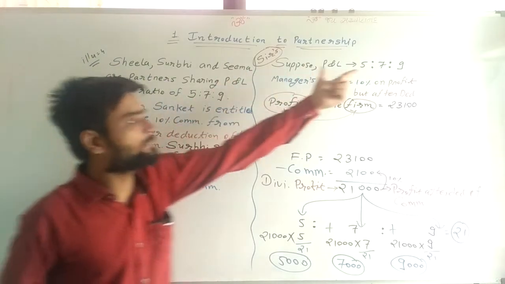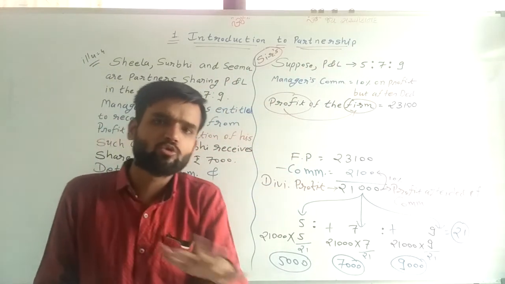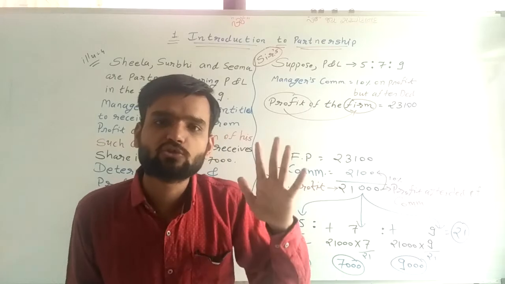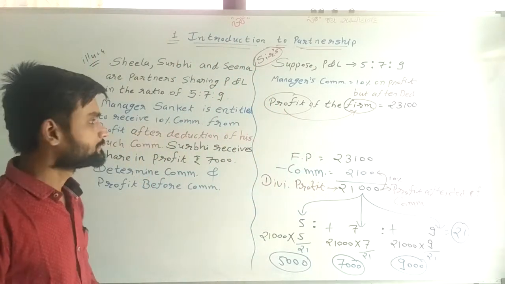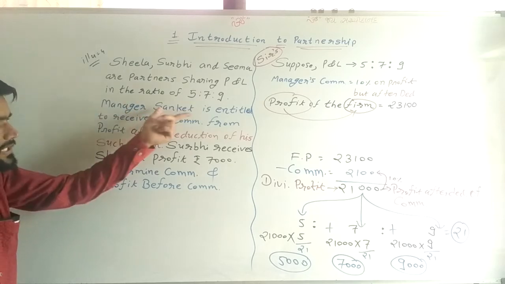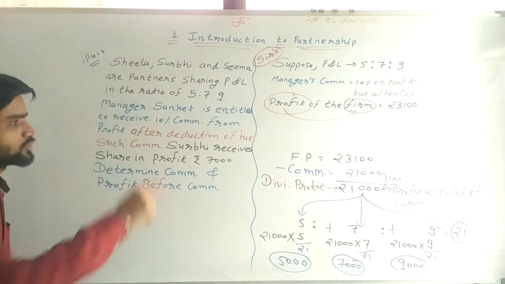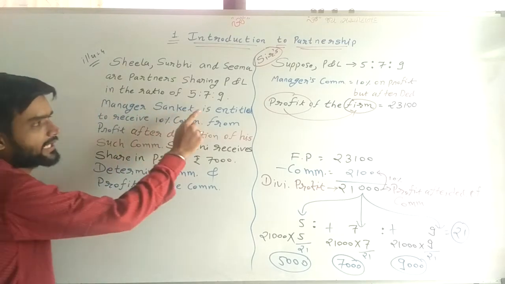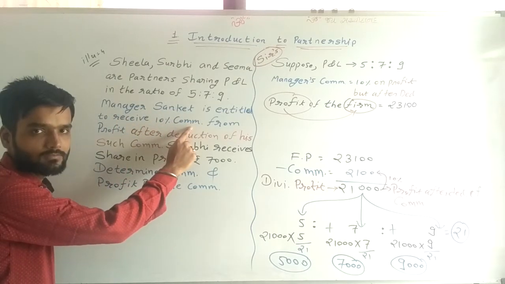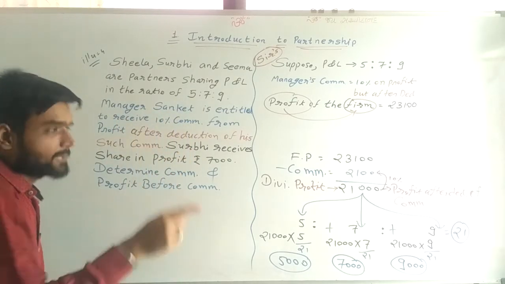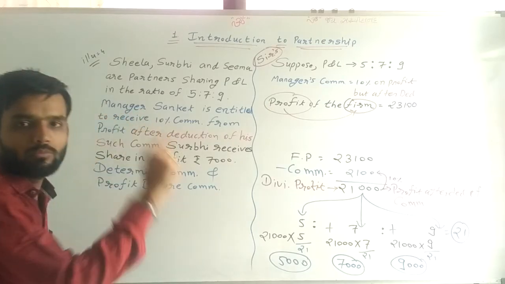So I don't need to assume equal ratio because the profit and loss ratio is already given. Manager Sanket: now one manager whose name is Sanket is entitled to receive 10% commission. We need to give 10% commission to the manager.